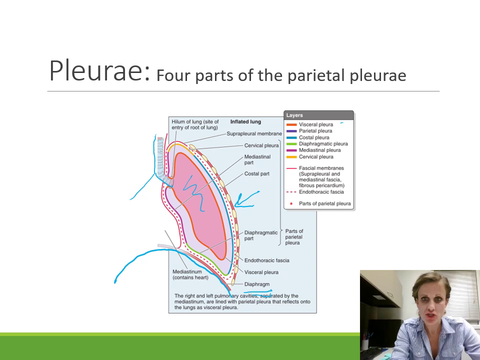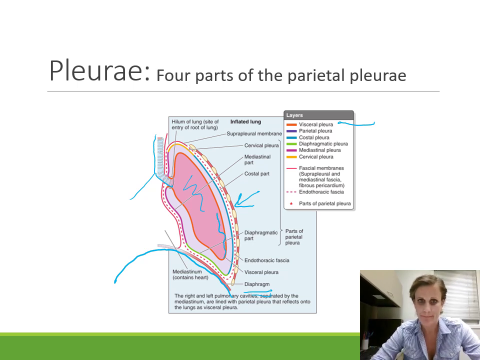In orange, you see the inner layer of the pleura, the visceral pleura. So that's just lining the surface of the lung all the way around. On the outside, right, then the space is the pleural cavity, which has serous fluid in it. And then the outer region is the parietal pleura.